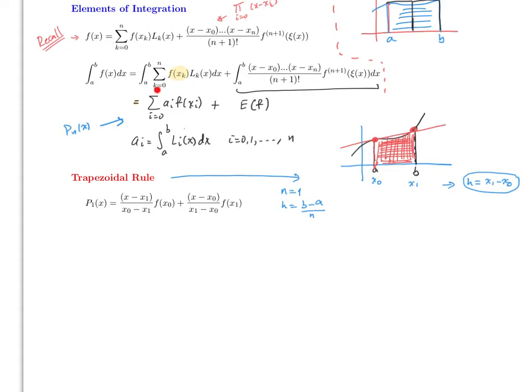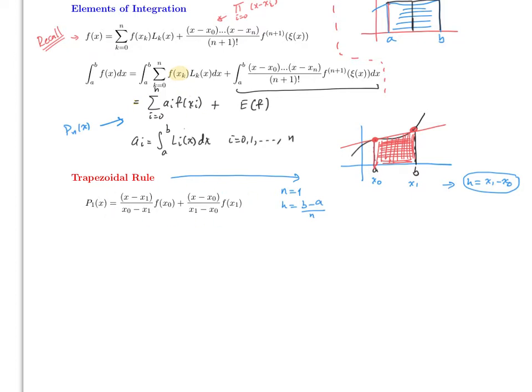If n is 1, then we will have the trapezoid case, which is what we're going to do right now. That's why we're finding P1. So here the sum is just from 0 to 1, and that's why you end up with two terms only, this one and this one. So we'll go 0 and 1. This is exactly the same thing.